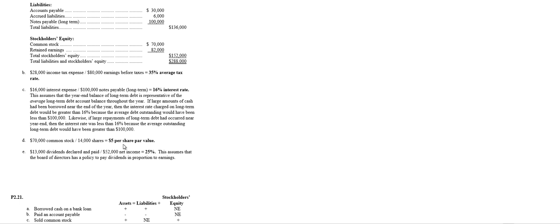And then we have dividends declared divided by net income, which gives you a percentage of what kind of dividends we paid out. And a lot of companies do this. They make a policy of paying out 25% of their retained earnings or the net income that they made for that period.